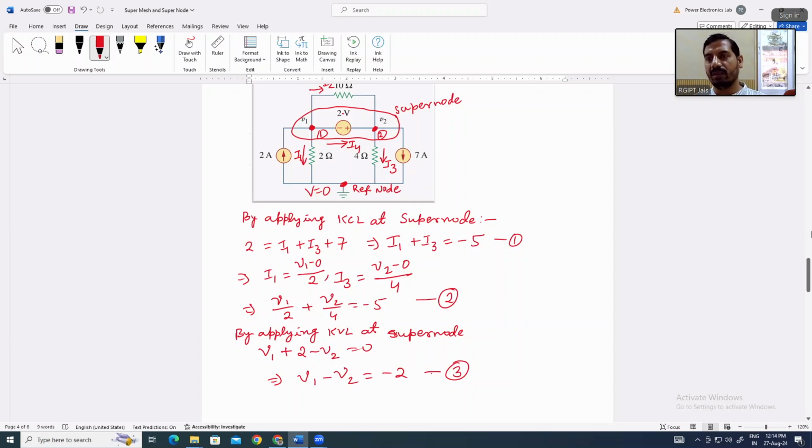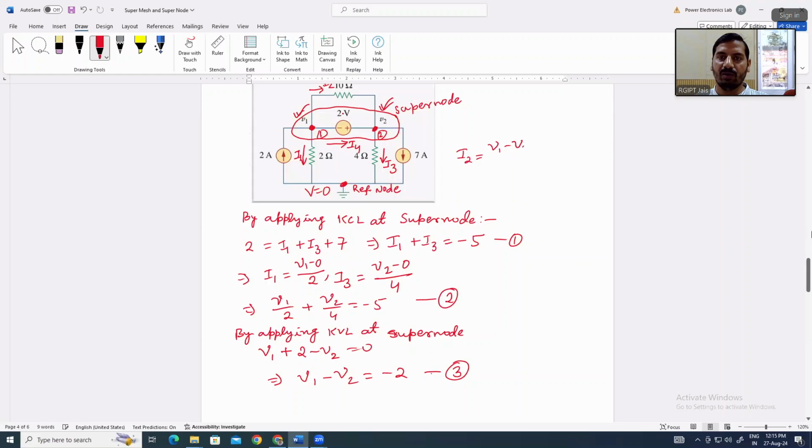So V1 we have identified, V2 we have identified. Now we can easily calculate the values of the currents. I1 we can calculate, that is V1 by 2. I3 we can calculate, that is V2 by 4. I2 we can calculate, that is V1 minus V2 by 10.